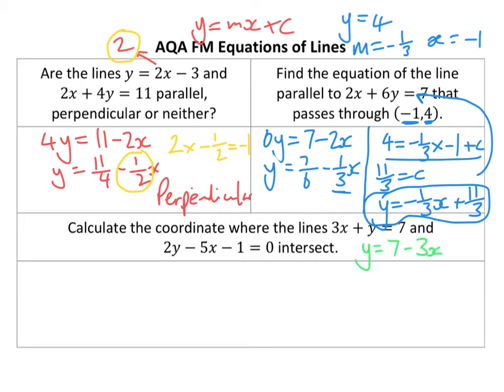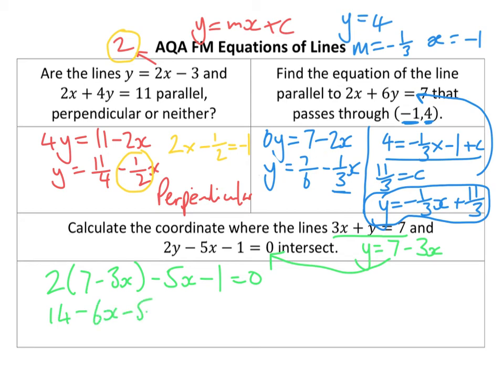Then, once I've got that, I'm going to substitute it into there. So I've got 2 times (7 minus 3x) minus 5x minus 1 equals 0. So I get 14 minus 6x minus 5x, which is going to be horrible.